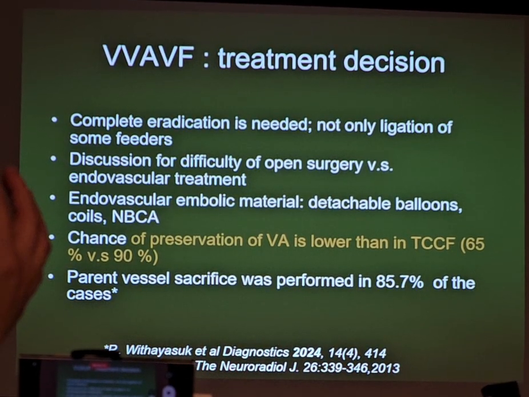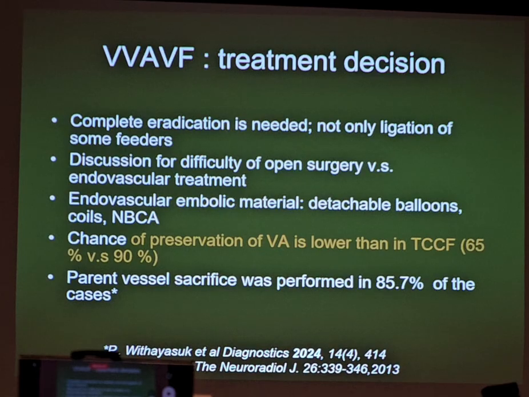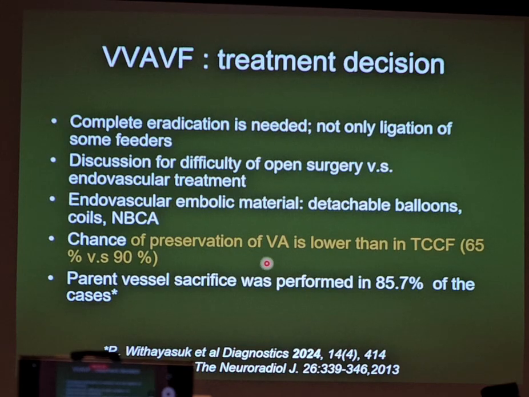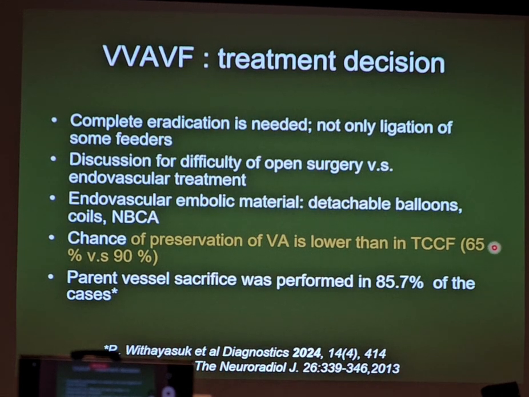So in terms of treatment decision, we hope for complete eradication, not only ligation of some feeders. The endovascular embolic material can be any, and sadly the chance of preservation of the vertebral artery is much less than in other fistulas. For example, we do a lot of traumatic carotid-cavernous fistulas, and we were able to preserve the artery up to 90+%.